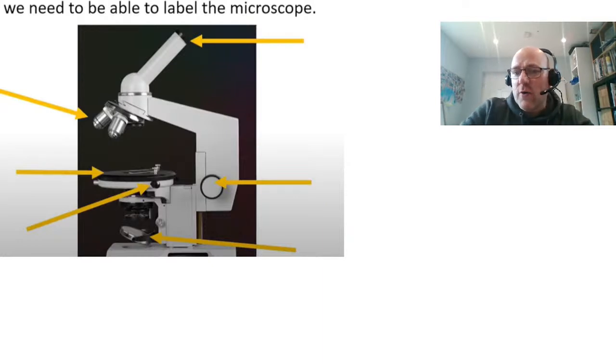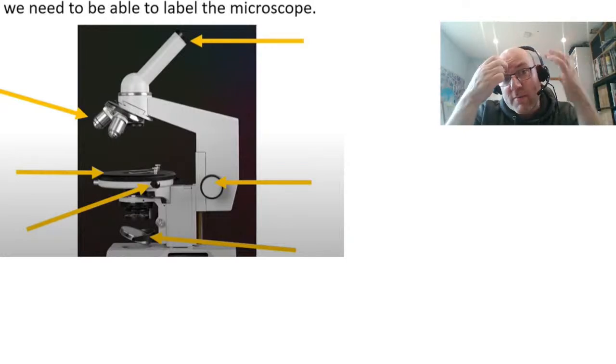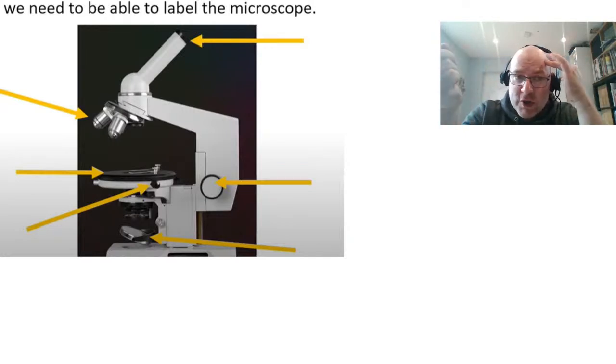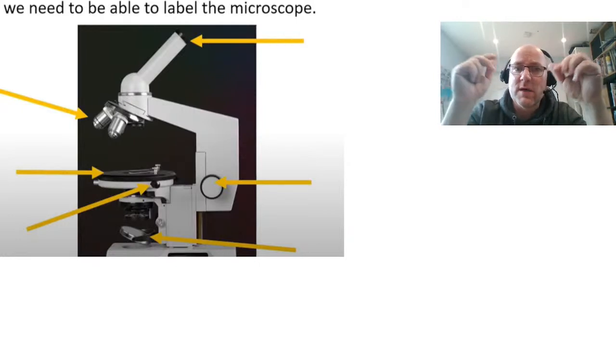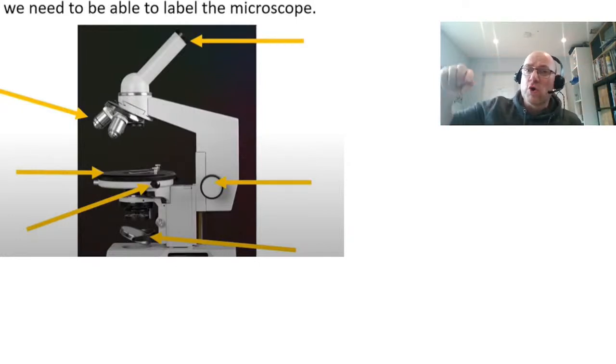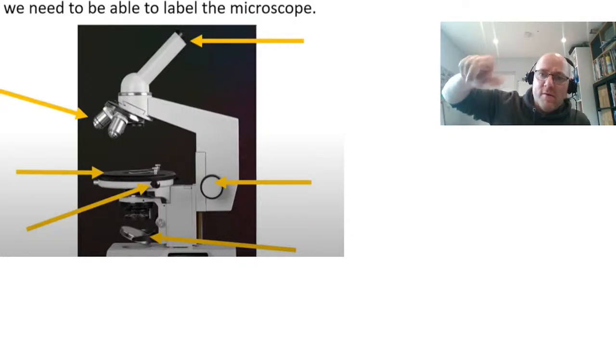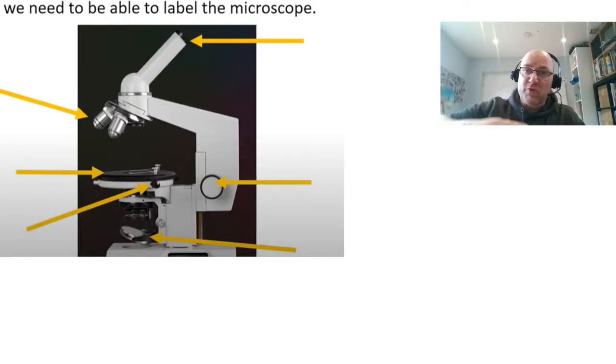If they're going to ask about microscopes, you need to know the names of the main structures of the microscope. You do need to know the coarse knob, and then there's a smaller knob called the fine focus. The coarse or rough knob, which you turn, brings the stage up and down.